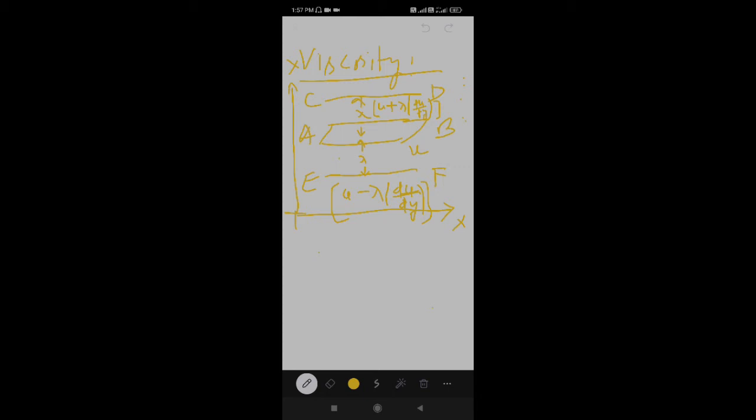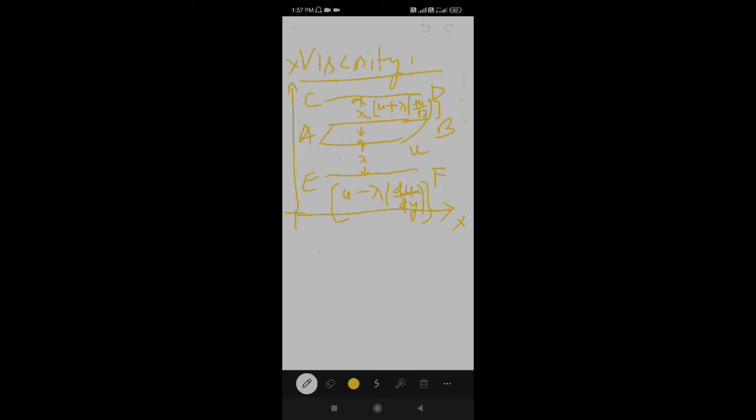Similarly, the other layer, which is below the AB layer, also exerts some force on the AB layer. The molecules of this layer have lower velocities.